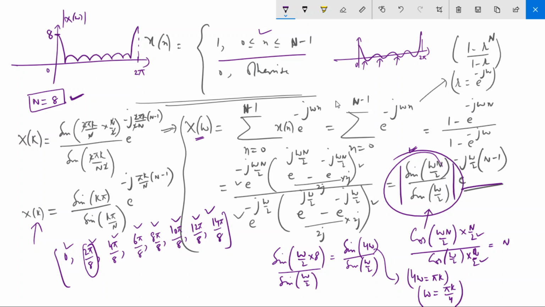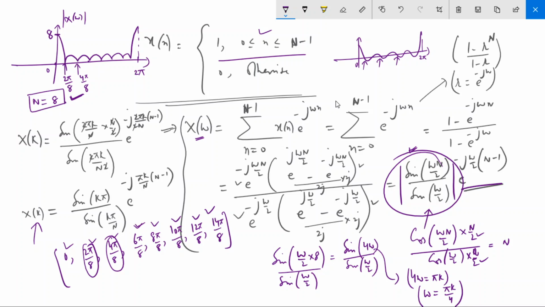When k is 2, it is 2 pi by 4, that is pi by 2, and so on. It means again you are getting 8 samples. The first sample at 0, then the next sample at 2 pi by 8 will be 0, then again at 4 pi by 8 it will be 0, then 6 pi by 8 and so on. All will be zeros.